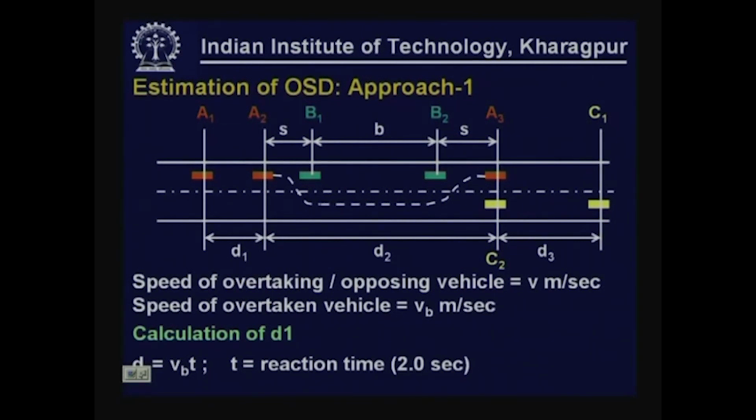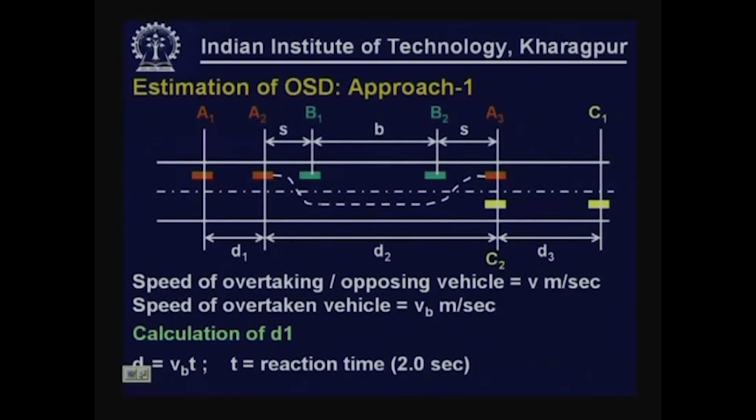Now, the speed of the overtaking and opposing vehicle is assumed to be the same. So, it is taken as v meter per second, and the overtaken or slow moving vehicle speed, let us assume it as v_b meter per second.